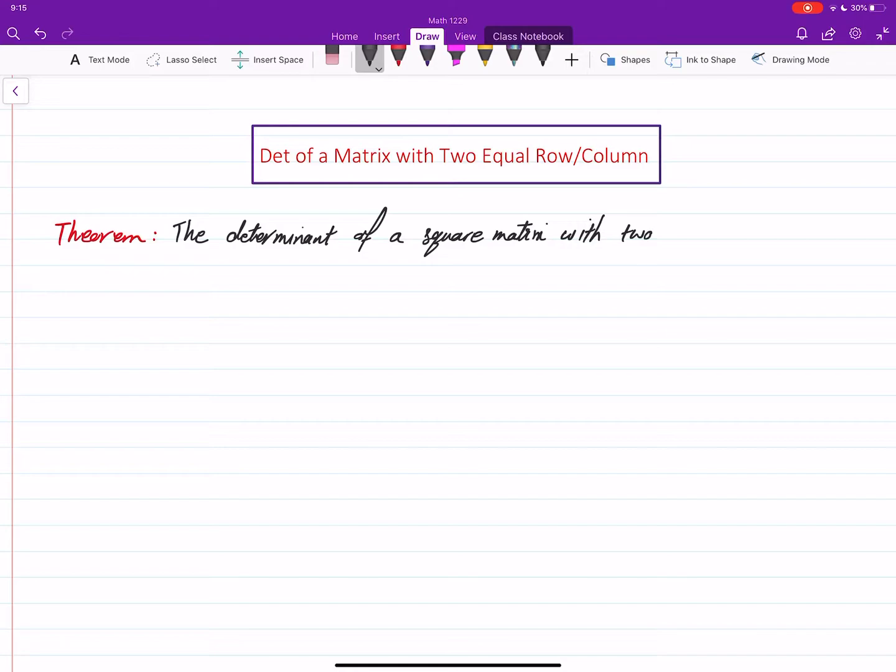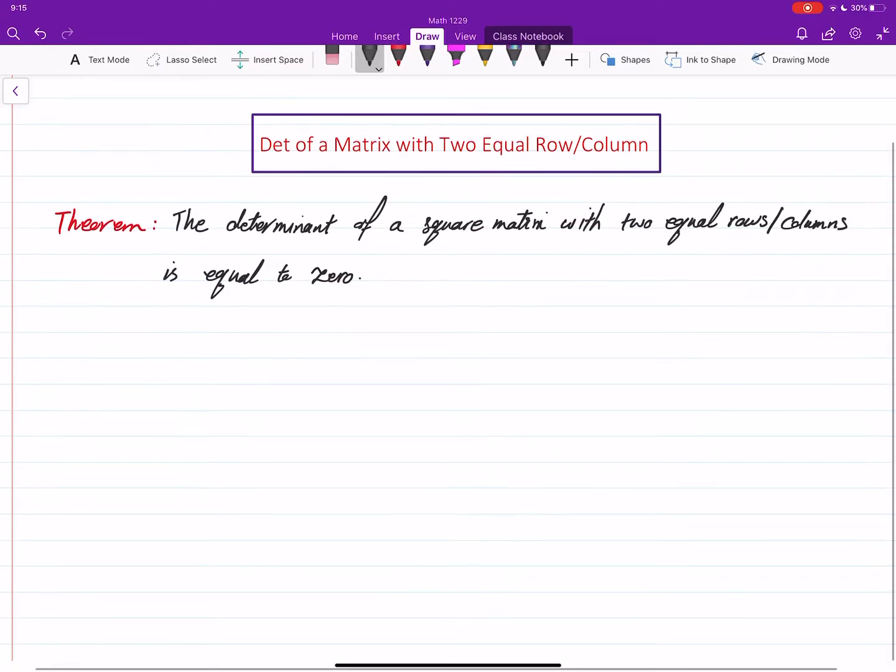So if it has two rows which have exactly the same corresponding components, equal rows or columns, so two columns which are exactly the same or two rows which are exactly the same, the determinant of such a matrix is equal to 0. You don't need to do any computations for that.